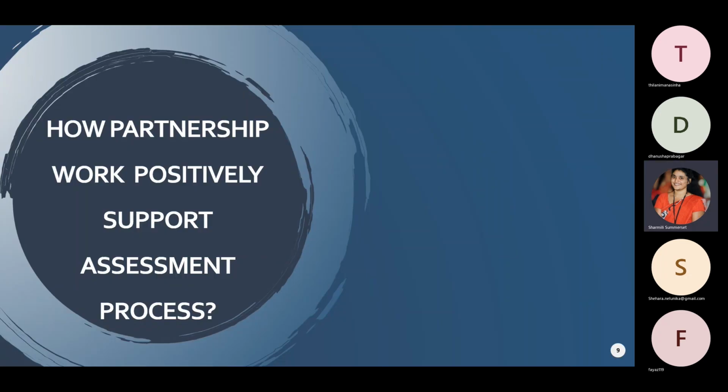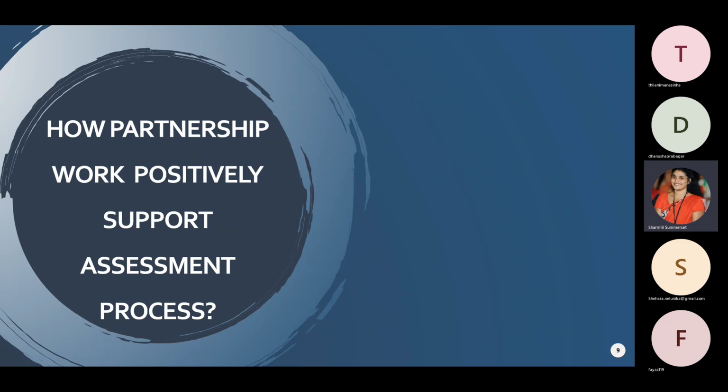And this is our final part and a most important part as well: how a partnership works. So far we studied what partnership means and what the importance of partnership is when we are talking about different personnel, and how this partnership provides benefits to different levels in the healthcare sector.